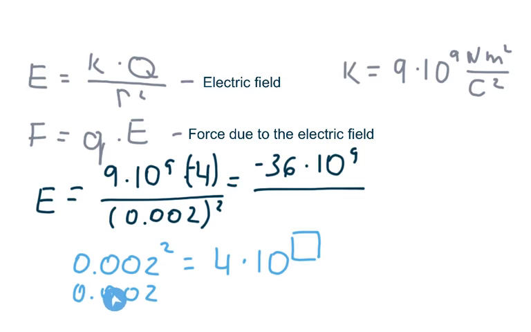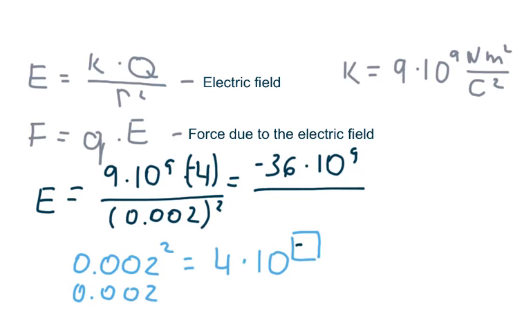The same here, 1, 2, 3 spaces. So together to the right, we need to move 3 spaces. Moving to the right tells us that we have a negative, right? Negative 3 spaces and 3 spaces will give us a total of 6 spaces. So this is pretty much 4 times 10 to the negative 6. So we can write it in here.